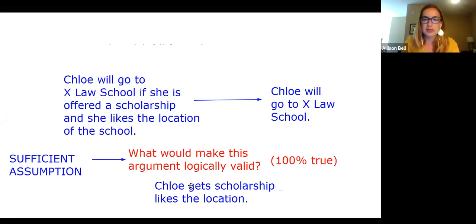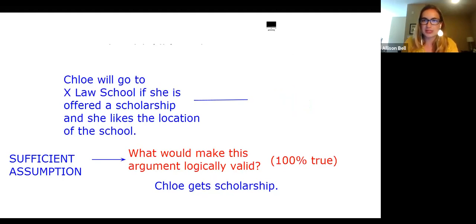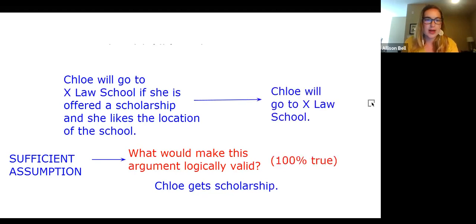I noticed that Chloe herself initially had Chloe gets the scholarship, and then realized if we just have Chloe gets the scholarship, is that enough to answer this question? Would that make this argument logically valid? Not quite, right? It says she also has to like the location of the school.